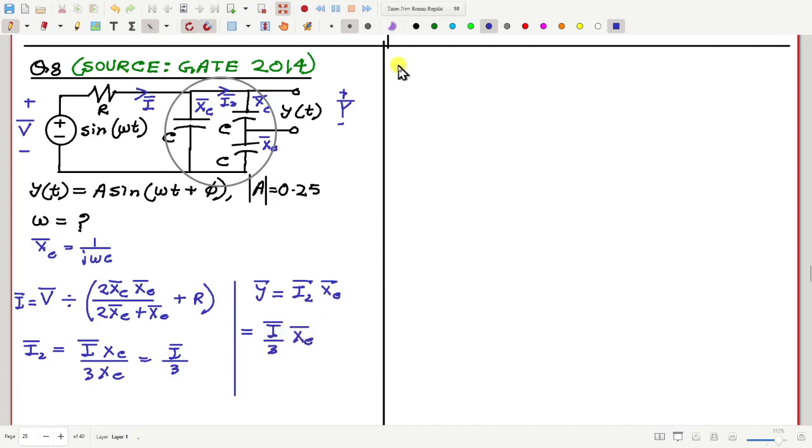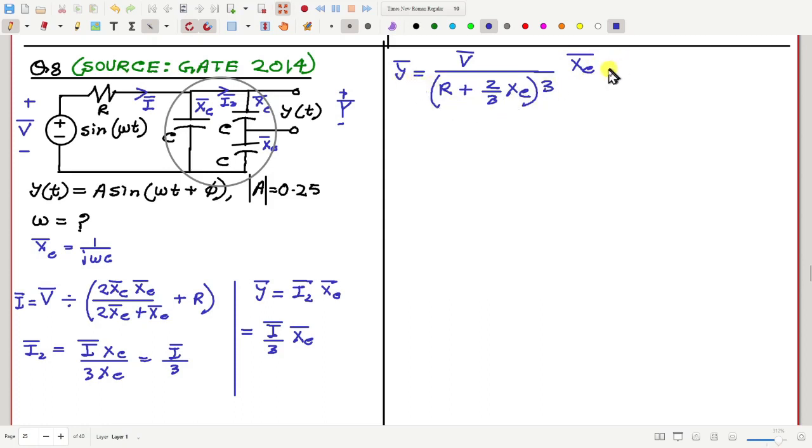From here we can write Y is equal to V divided by the total impedance, R plus 2/3 of Xc. We divide the current by 3 to get I2 and then multiply by Xc.